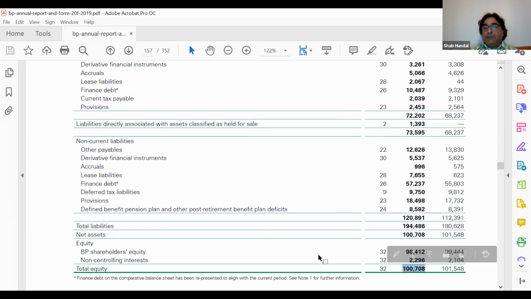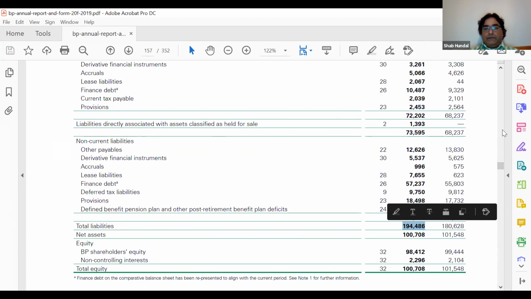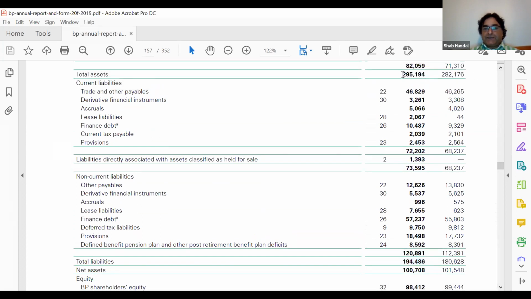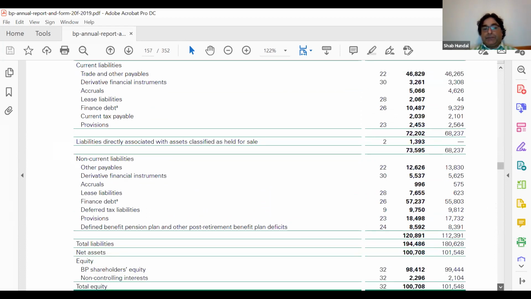Even though, and time and again I'm saying this, total equity is given, this number is derived by subtracting total liabilities from total assets. 99.99% of cases you will be given total equity.